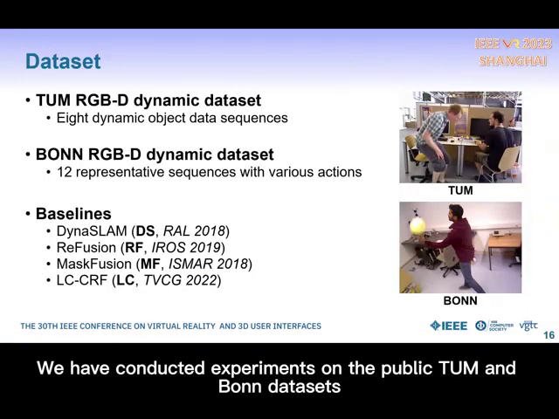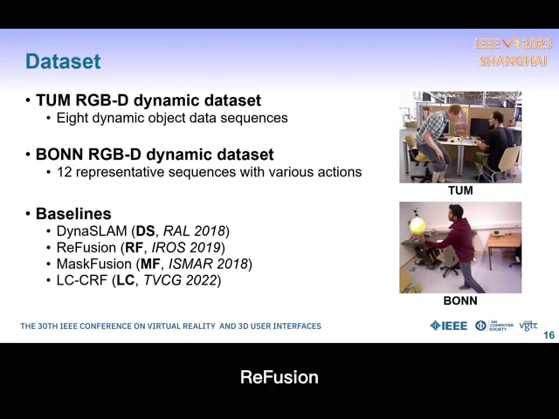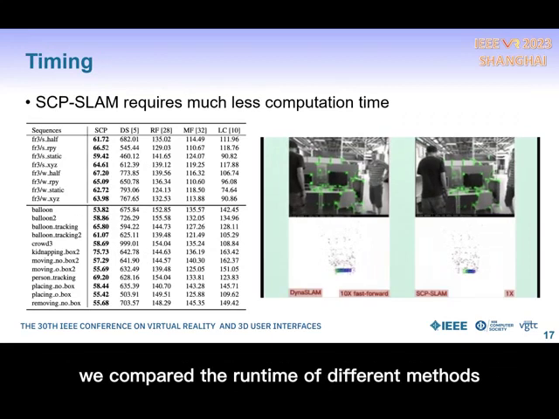We have conducted experiments on the public TUM RGB-D datasets and compared with other SOTA methods, which include DynaSLAM, ReFusion, MaskFusion, and LCCRF. First, we compare the runtime of different methods.